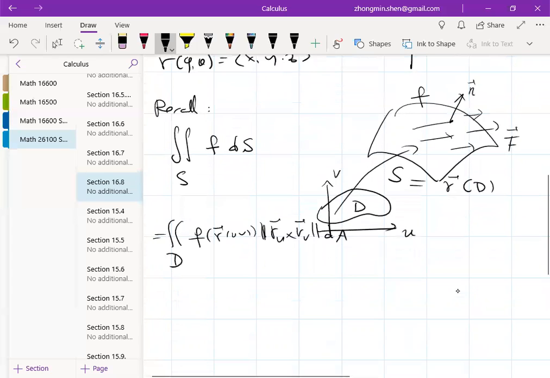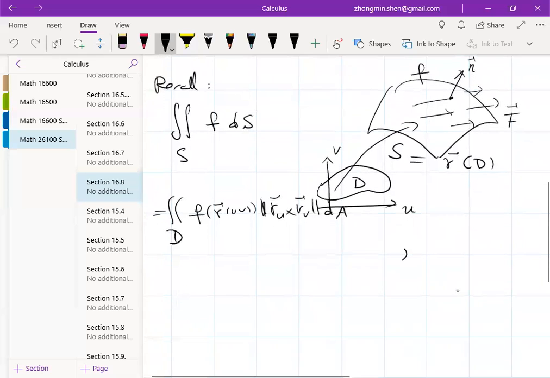The inner product of the vector field with the normal vector also becomes a function. So if F is the inner product of the vector field with the normal vector at that particular point, then you get a function. So then you can talk about F dot n dS.